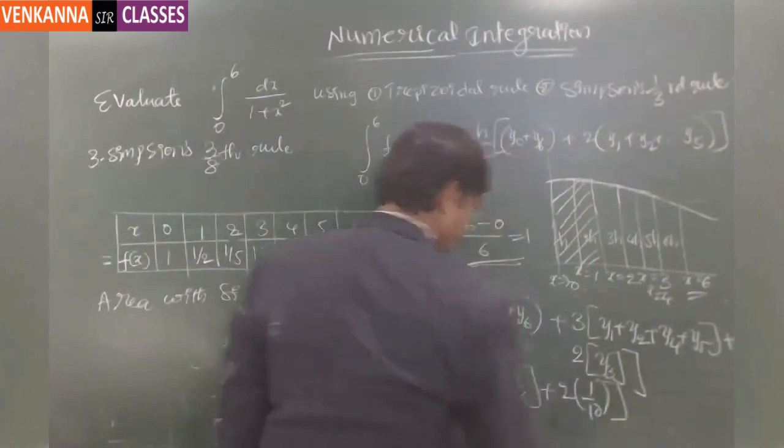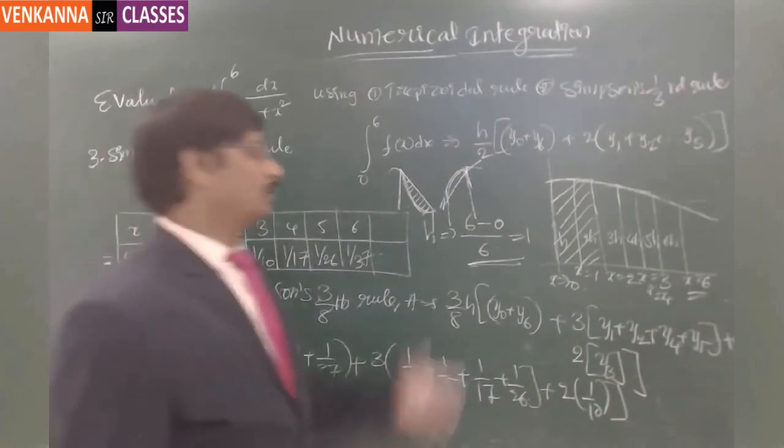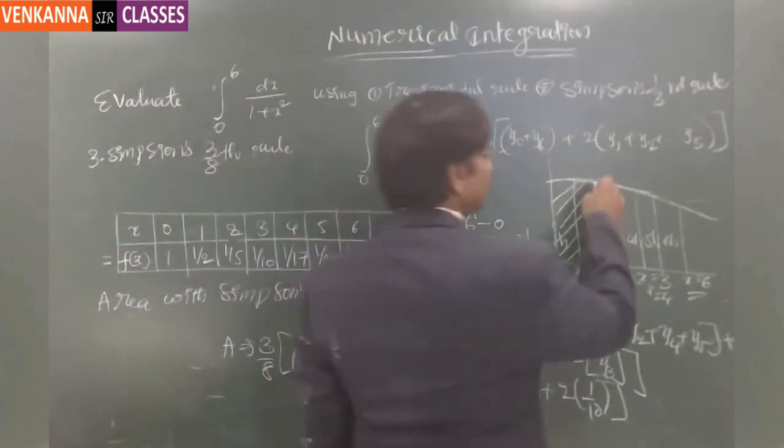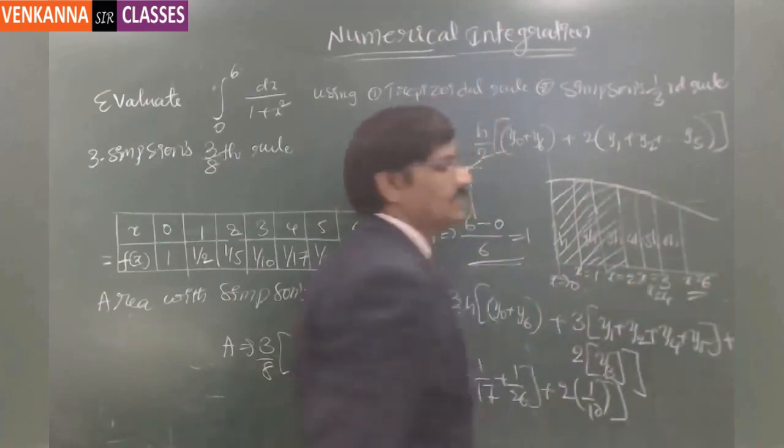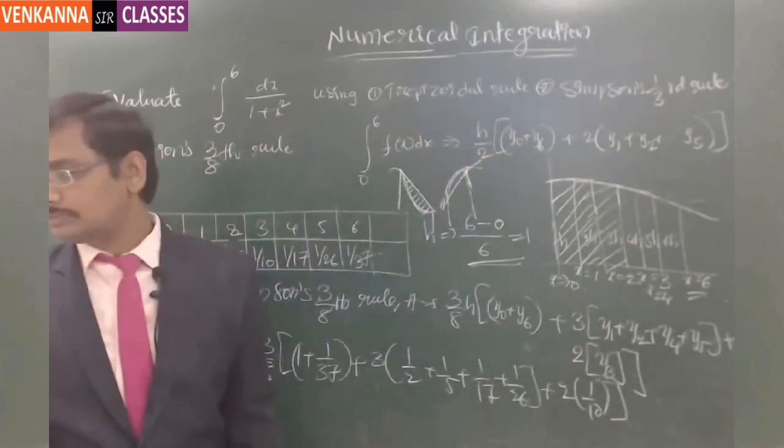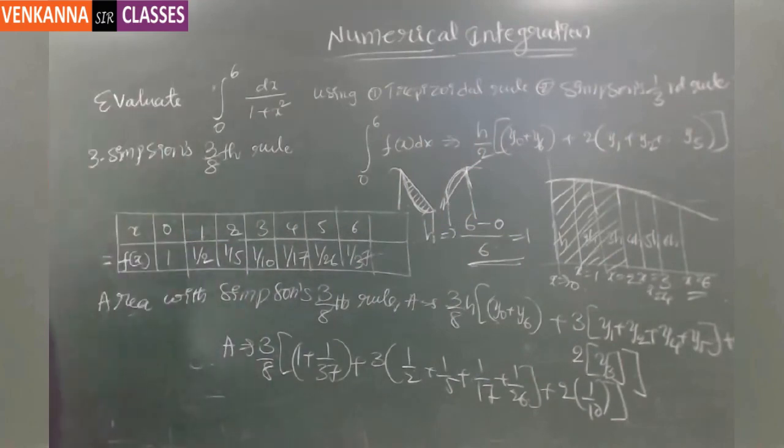So this is the area. If you notice, here 3 different strips are taken together for Simpson's 3/8 rule, so 2 sets of 3 strips together. Got it? So this area is coming out to be 1.3571.